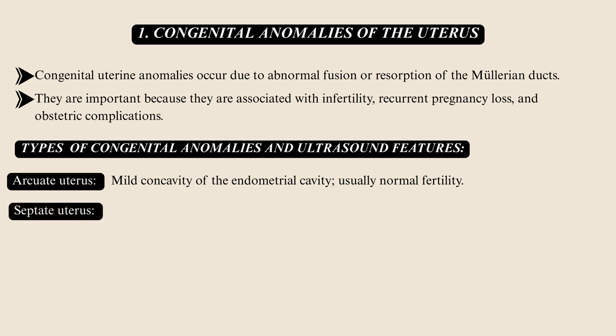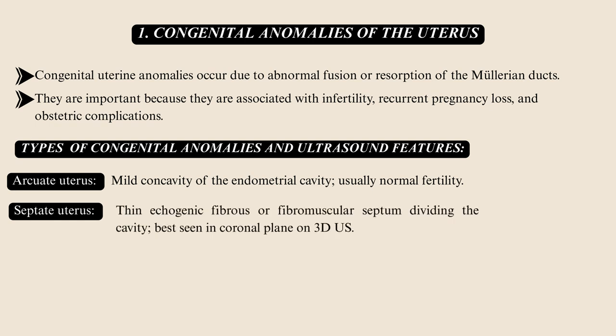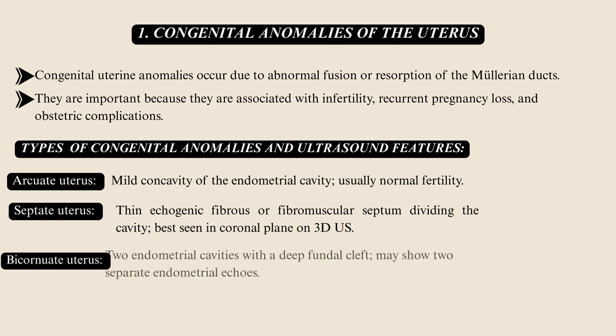Septate uterus, thin echogenic fibrous or fibromuscular septum dividing the cavity, best seen in coronal plane on 3D ultrasound. Bicornuate uterus, 2 endometrial cavities with a deep fundal cleft, may show 2 separate endometrial echoes.